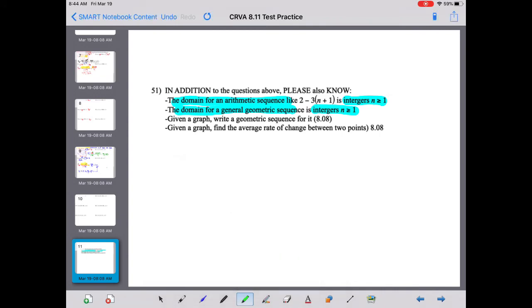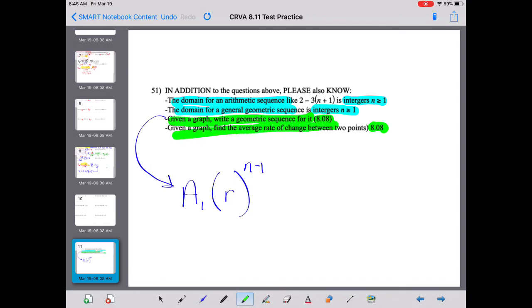And then you're going to want to study your review 8.08. There are going to be 2 problems from there. Given a graph, write a geometric sequence. So you'll want to find the rate and the initial amount. It'll be something in the form of the first term value times the rate to the n minus 1.